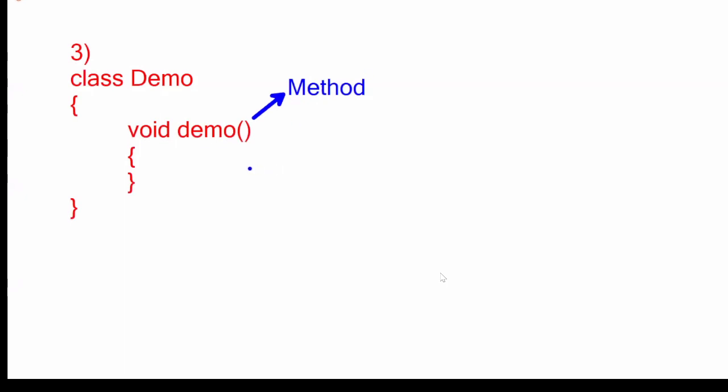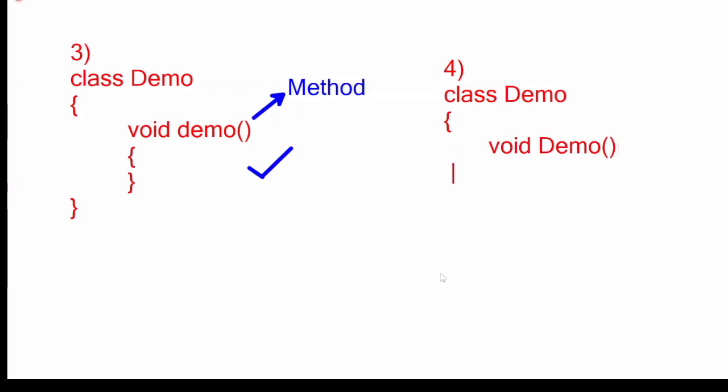Okay. Suppose the fourth one, you observe. This is a little bit confusing. Class name demo, here return type void. Now, is it a constructor or a method? Valid or invalid?